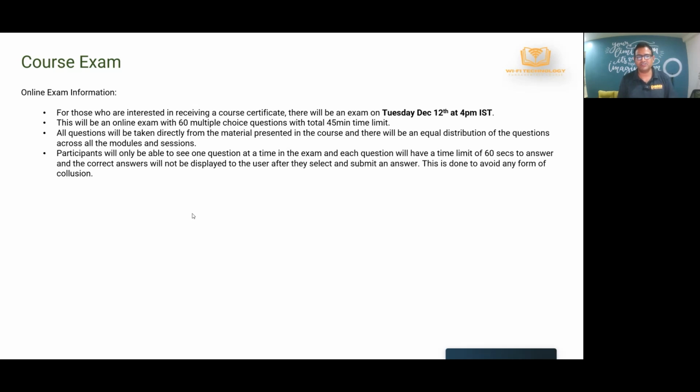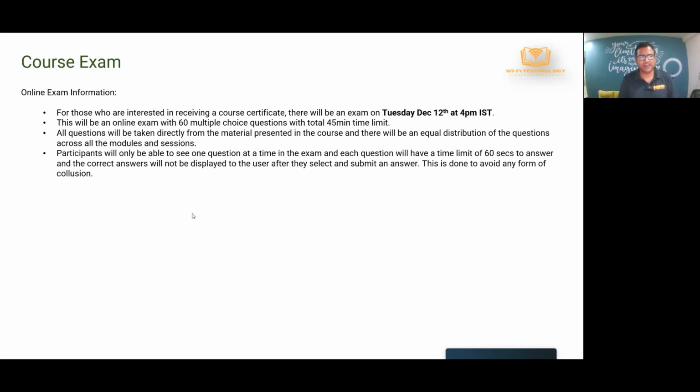The participants will only be able to see 1 question at a time in the exam, and each question will also have a time limit, right? After the time limit, if you don't answer that question, we'll move on to the next question, and the correct answers will not be displayed. This is all done to avoid any kind of collusion or method to cheat.